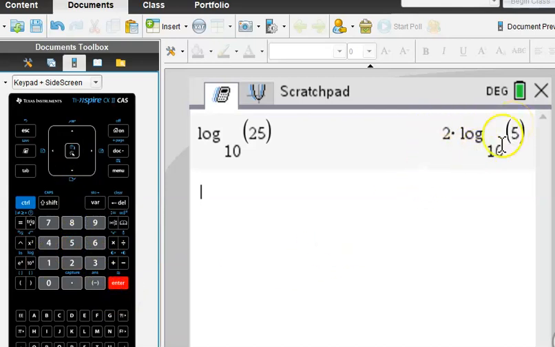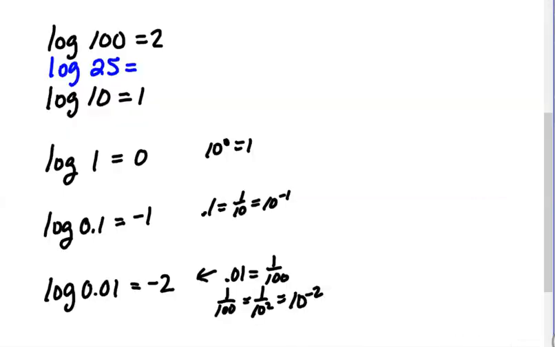We'll talk more about why you get that later. But what I'd like you to do is do a control enter. And you get 1.39794. I'm just going to use the first 4 digits, 1.3979. And that is a number between 1 and 2. So we're saying 10 to the 1.3979 is equal to 25.